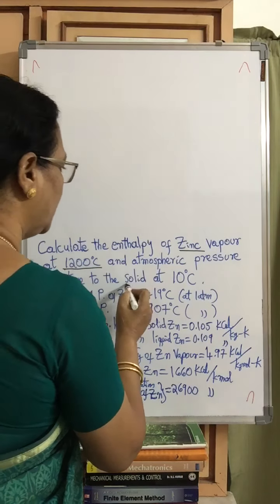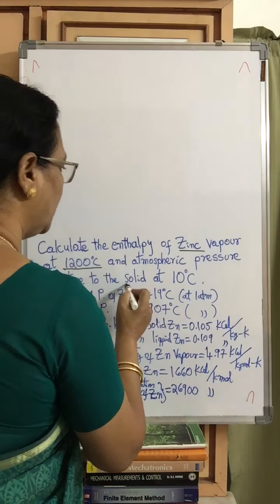Then afterwards what happens? Still we are supplying heat, but the temperature will not rise because it has reached its melting point, but solid will melt to liquid. So temperature will not rise. Here we have liquid zinc. This also happens at 419 only.